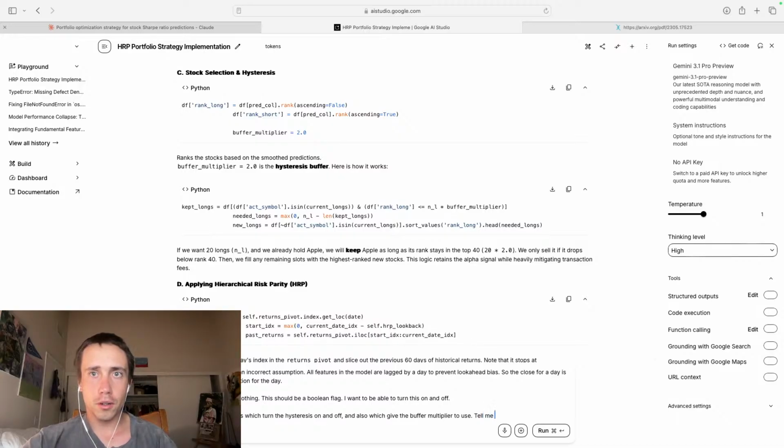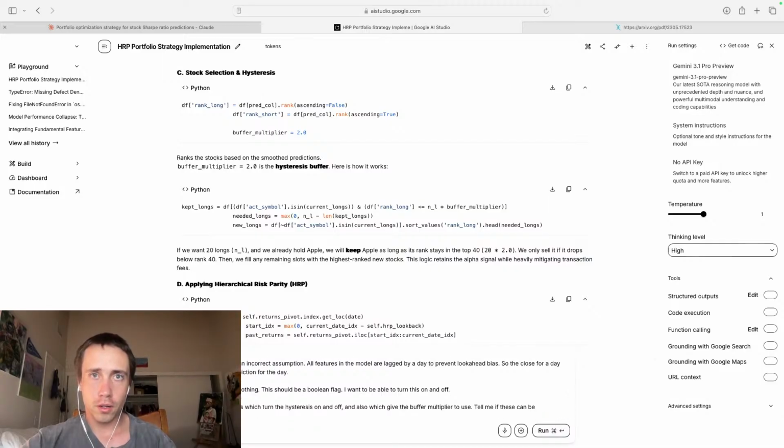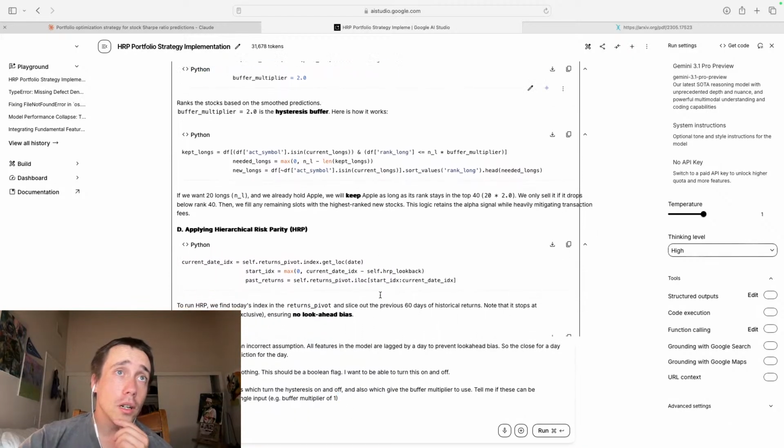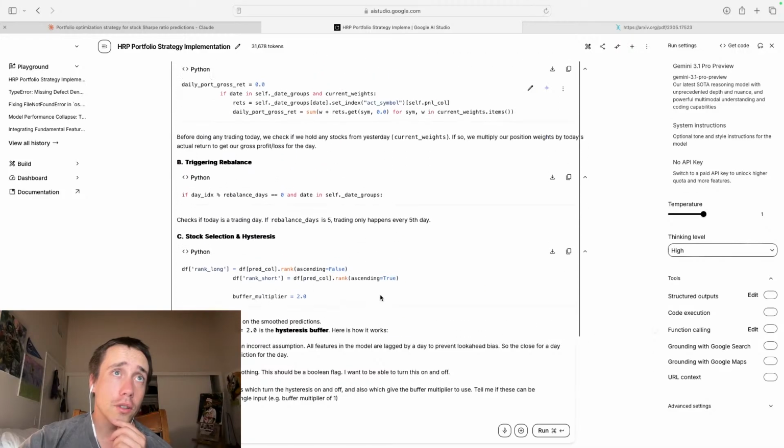Tell me if these can be implemented with a single input. Okay. If we want, okay, so that's hysteresis, right?